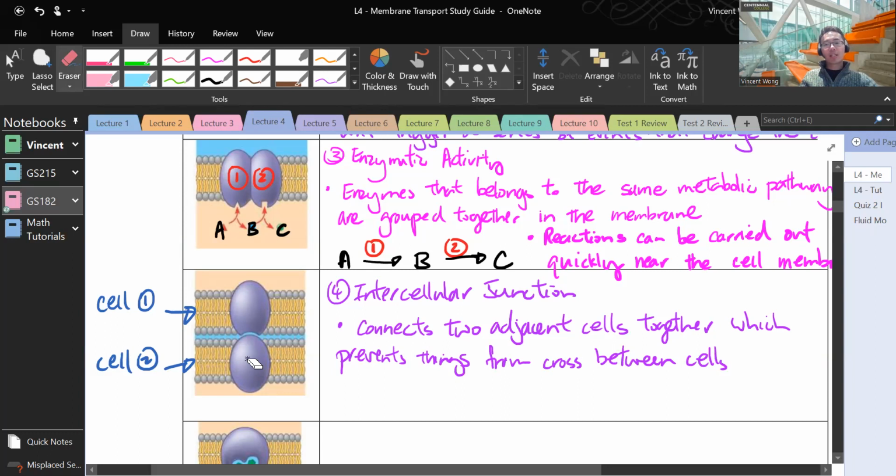Right? So if you imagine these cells are like part of your small intestine or something, you need to close the gap between them so the food's not going to leak between them, right? Okay. So it prevents uncontrolled movement of material across the cell.